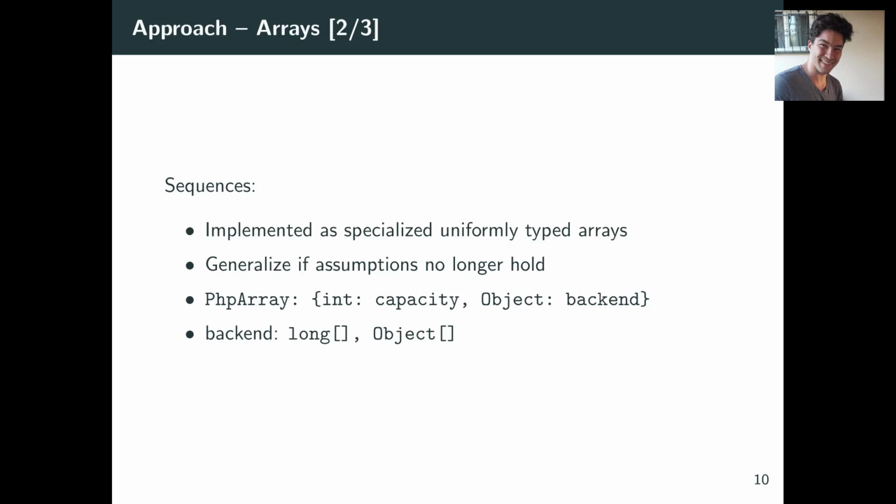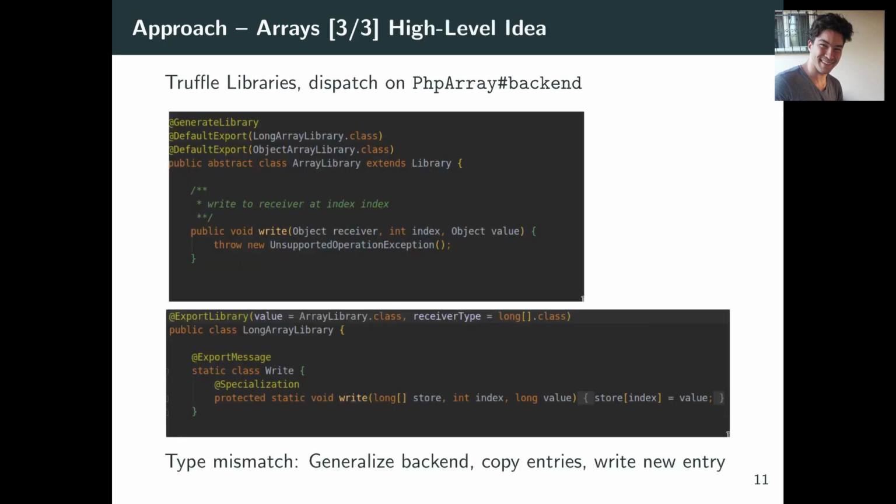In the scope of this presentation, we implemented two storage representations for our sequences. We have primitive long-based arrays and then object array-based backends. And while I can only go into high-level information, I still want to show some code. So we implemented arrays with a Truffle feature called Truffle libraries.